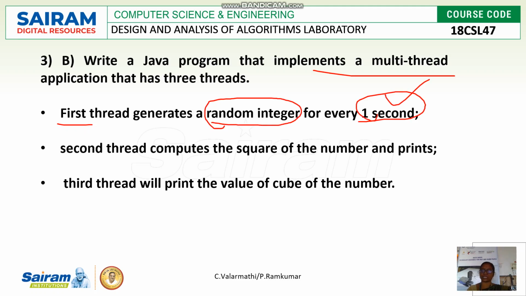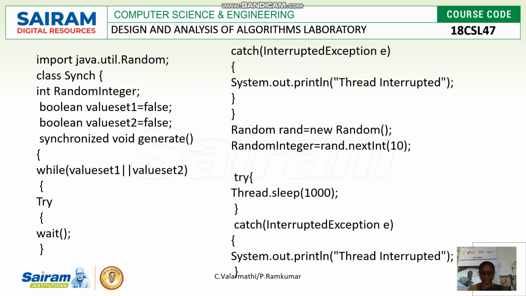The second thread should compute the square of the number and print it. The third thread should print the value of the cube of this number. So first we need a random number; from it we compute the square in the second thread, and the cube in the third thread. Let us go to the program.